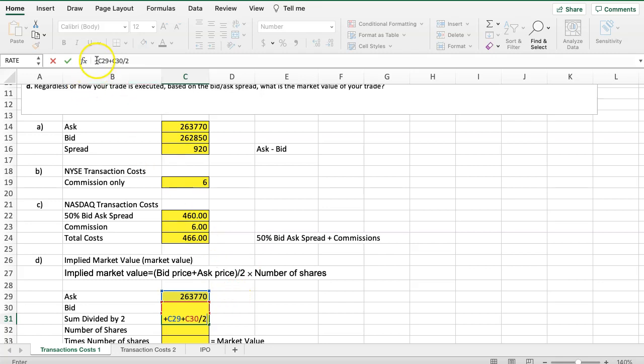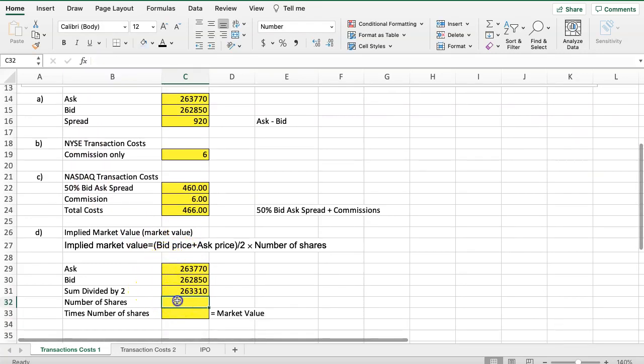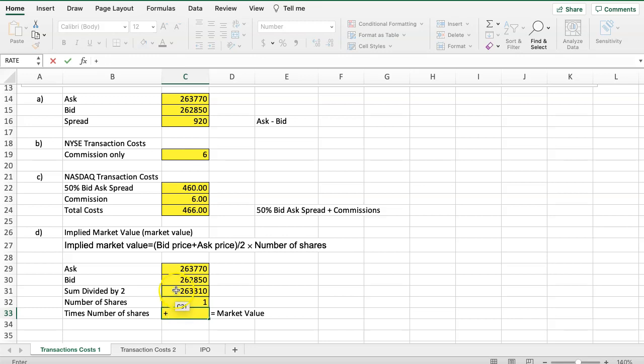But before I do that, I'm going to put brackets around adding these two together. The number of shares is 1. So to calculate the market value, I would take the sum of the bid and ask divided by 2, and I multiply it by the number of outstanding shares to get the market value of the stock.